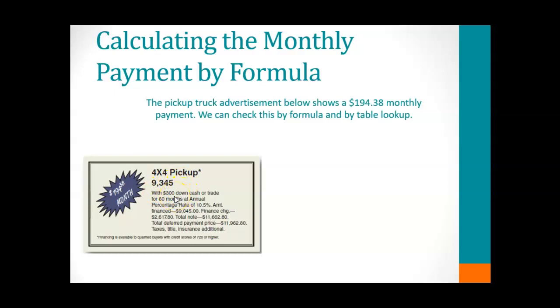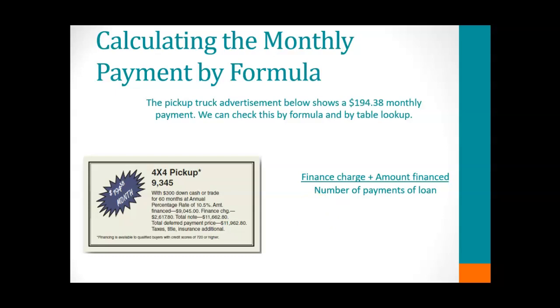You can put down $300 cash or do a trade-in for 60 months at an annual percentage rate of 10.5%. And so the amount financed would be $9,045. They gave you the interest or the finance charge and the total note along with the total deferred payment price amount.